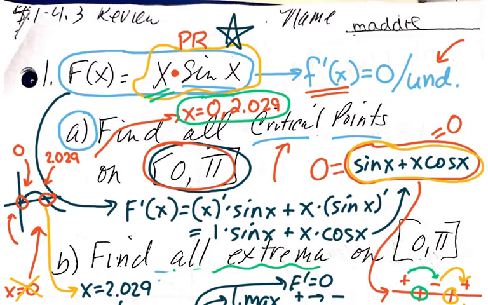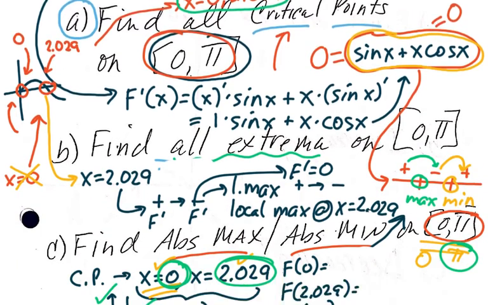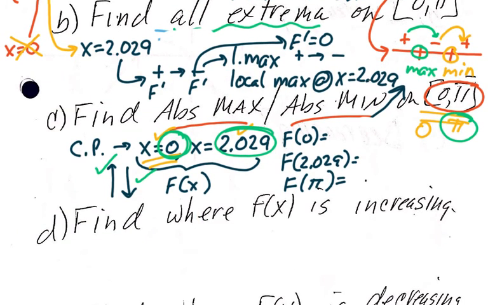All right, well, we've got some really terrible numbers here, but some of them are not too bad. Let's see, if I do f of 0, that would be x times sine of x. Well, the sine of 0, if you remember, is 0, and I'm multiplying by 0, so f of 0 is 0. All right, fine. Now, 2.029 is disgusting.